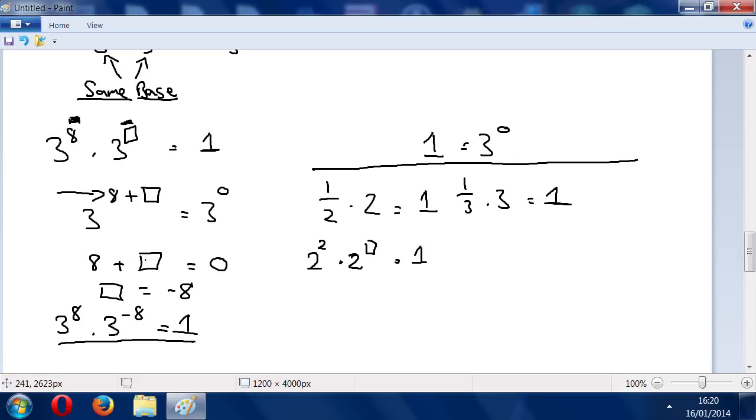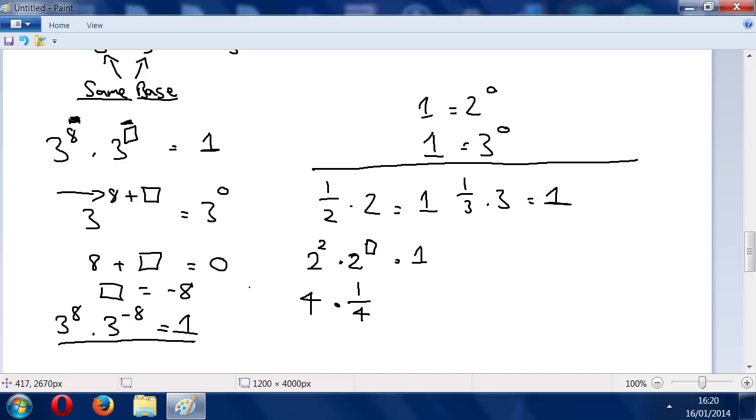So we know from what we've done here this is going to be 2 plus box equals 0, because 2 to the 0 equals 1. So the box is going to be minus 2. So we can say this is 4, and then this is actually the reciprocal. The reciprocal of 4 is 1 over 4. So that's always going to be the case, that we're going to have the reciprocal there.